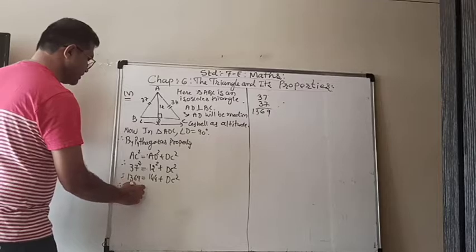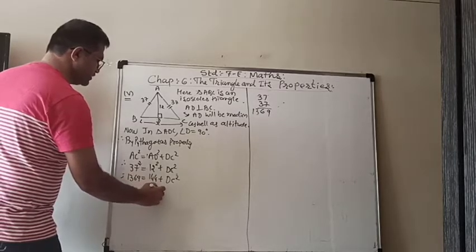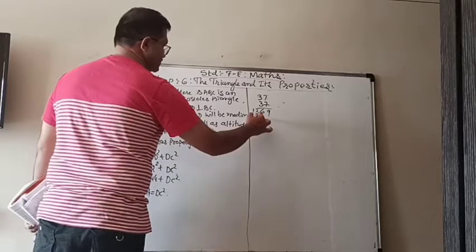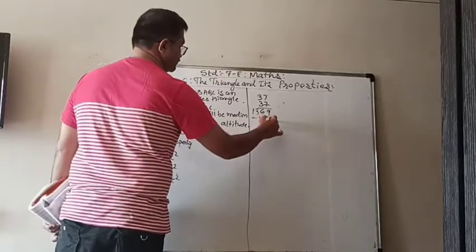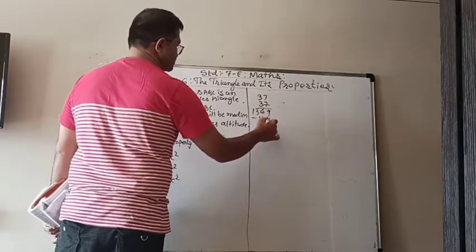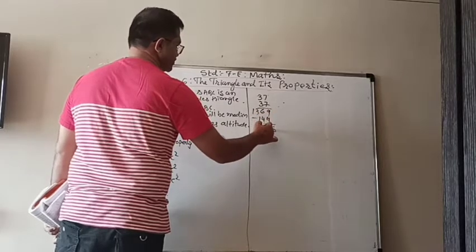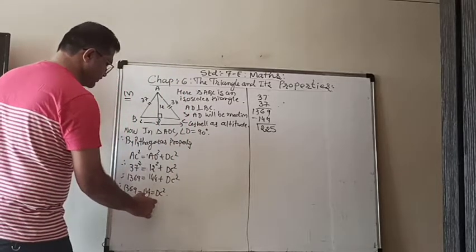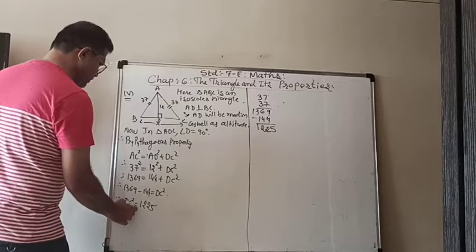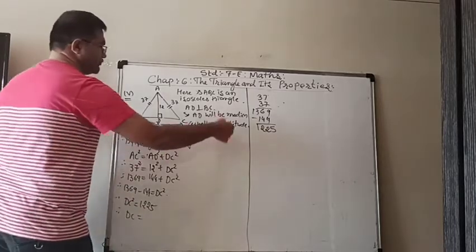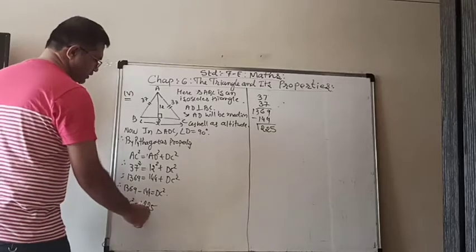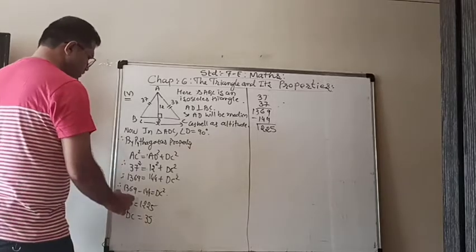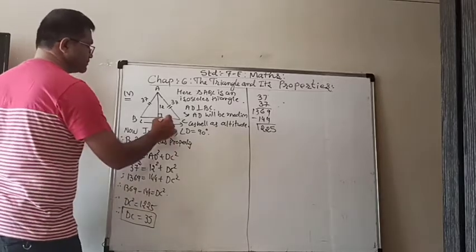So 1369 minus 144 is equal to DC square. So DC square will be how much? Subtraction, 1369 minus 144. 9 minus 4 is 5. 6 minus 4 is 2. 3 minus 1 is 2. And 1225. Now you have to find the square root. The square root of 1225 is 35. So we get the value of DC is 35.